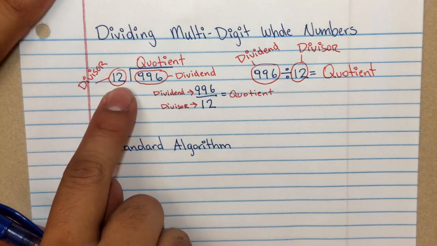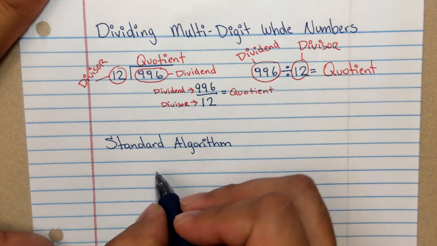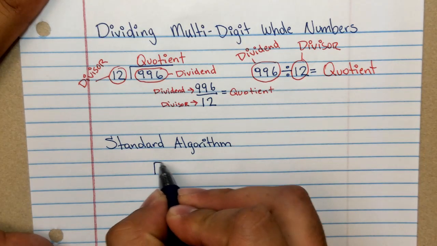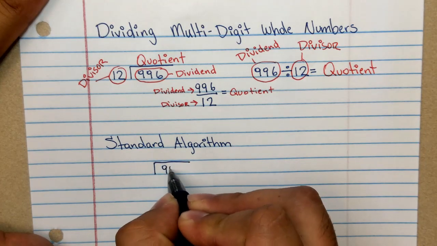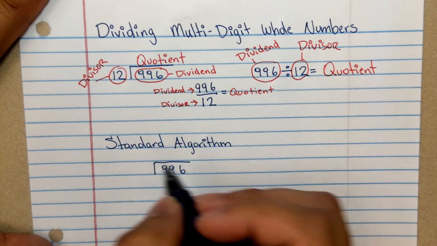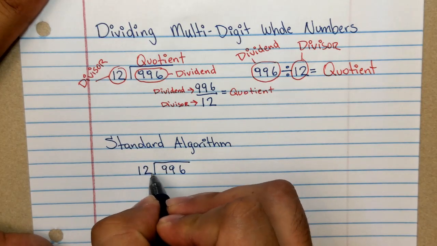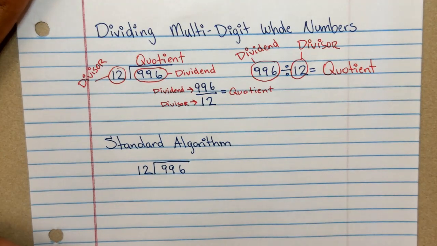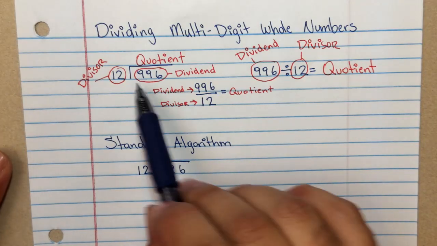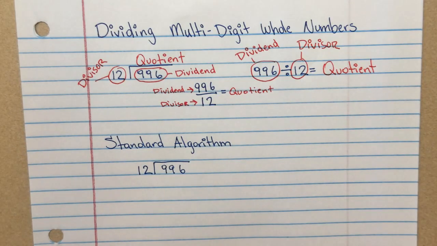And that's this one right here. So I have, just rewriting the expression, 996 and 12.